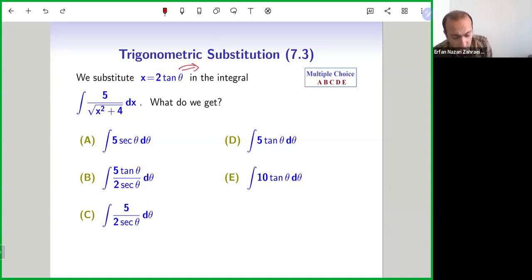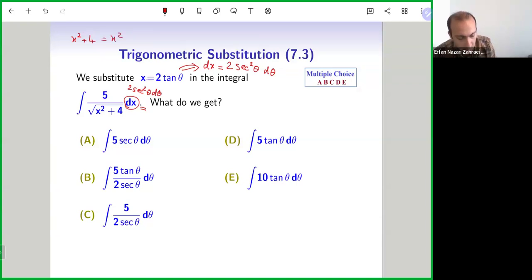If x is 2 tangent theta, dx is 2 times the derivative of tangent, secant squared theta d theta. So in this integral, this is 2 secant squared theta d theta. And this is, if you remember, x squared plus 4.